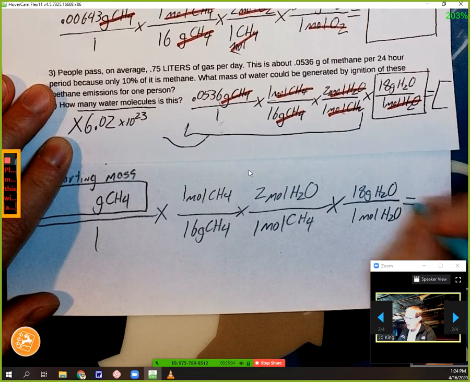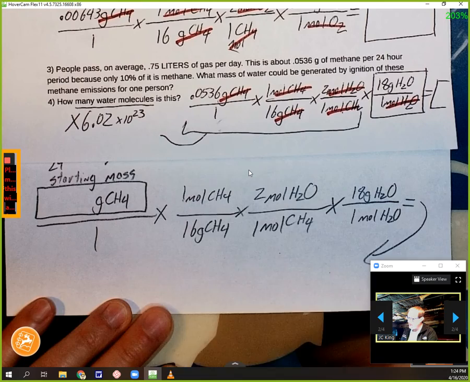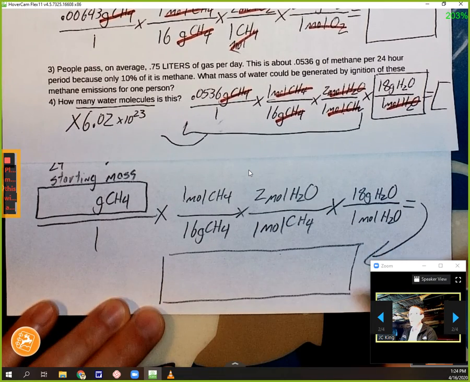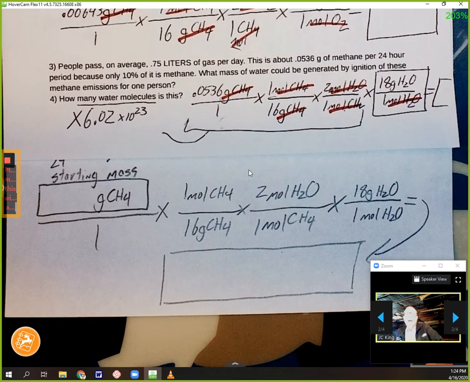After you find all that, that's going to get you the answer in grams of how much water vapor theoretically could be made in that one massive barn full of cow fart explosion that burned the German barn down.